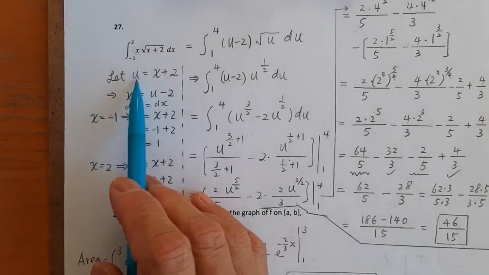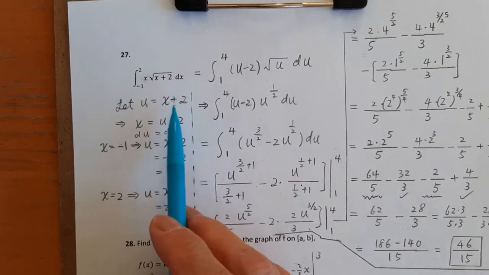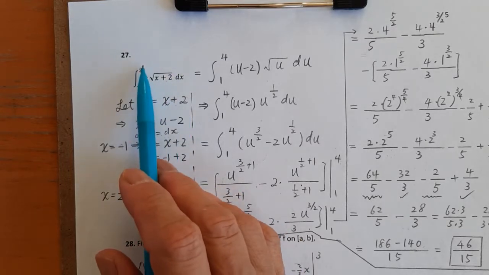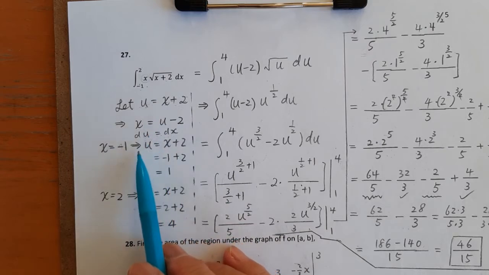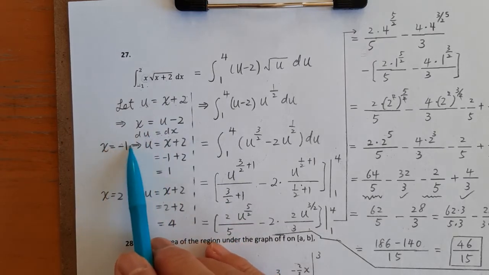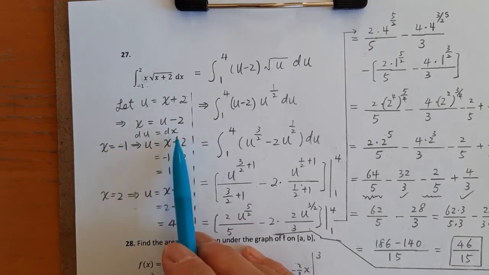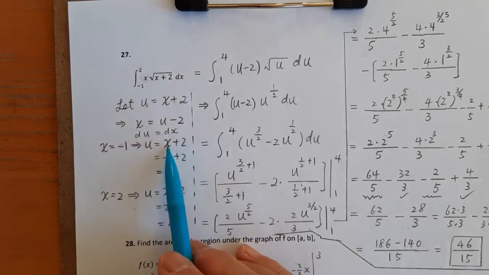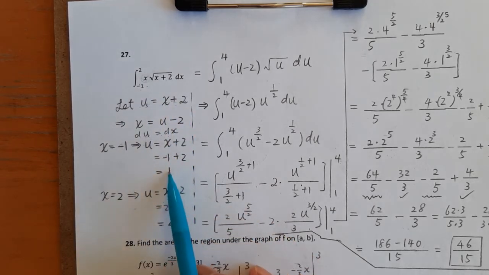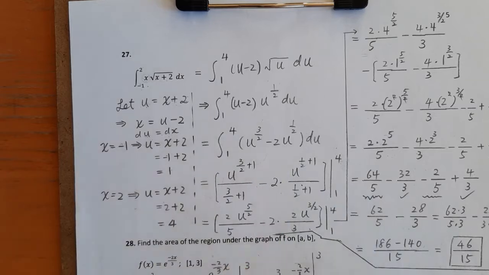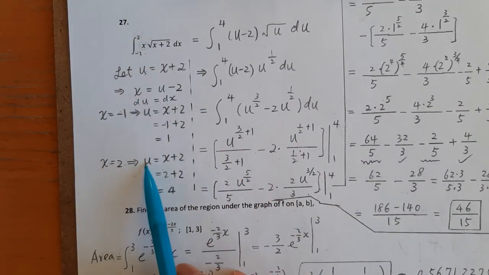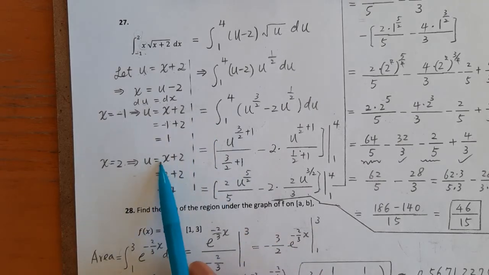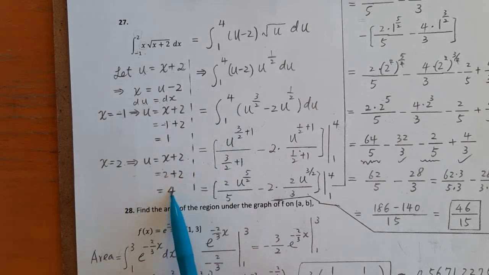Since we let u equal x plus 2, and x goes from -1 to 2, what is u when x equals -1? u is x plus 2, so plugging in -1, you get 1. Now when x equals 2, u is 2 plus 2, which is 4.